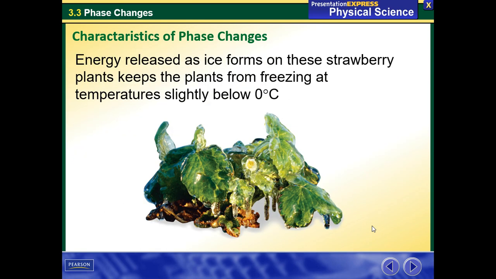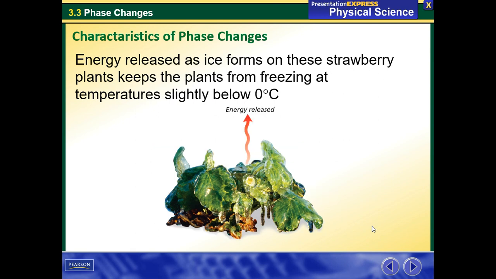Now let's talk about the opposite of endothermic. Here, energy released as ice forms on these strawberry plants keeps the plant from freezing at temperatures below 0 degrees. So whenever anything goes to freezing, in order for particles in a liquid that are moving around to slow down and pack close together, they have to release energy.